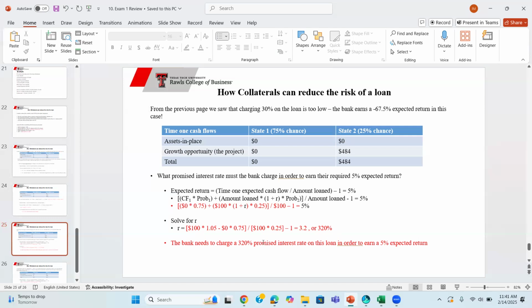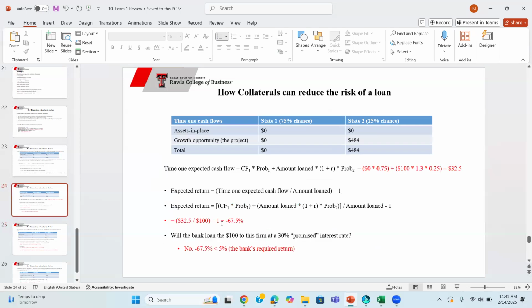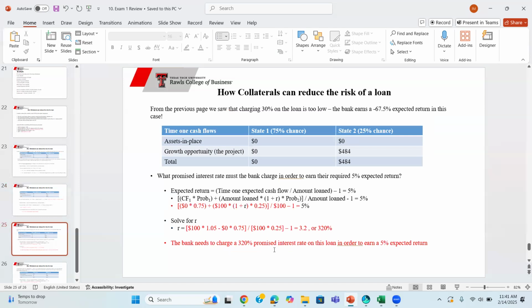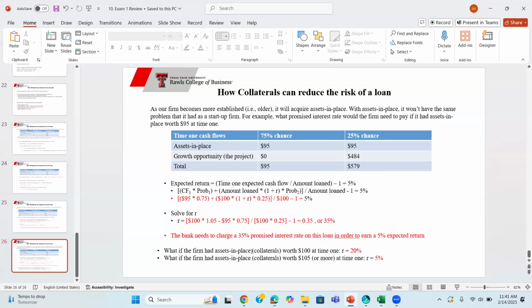So the bank needs to charge a 320% promised interest rate on the loan to earn a 5% expected return. You remember the last time, when you charged only 3%, there was negative 67.5%, which is way less than your expected return. So for the 5% with this given information, you need 320% for the interest rate, right?